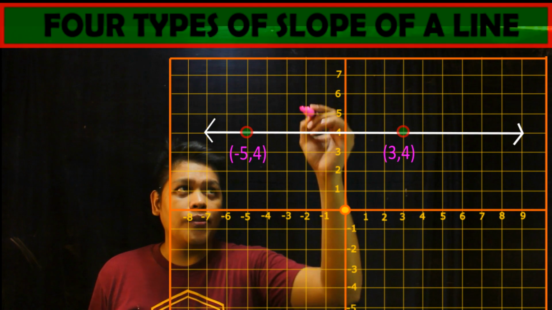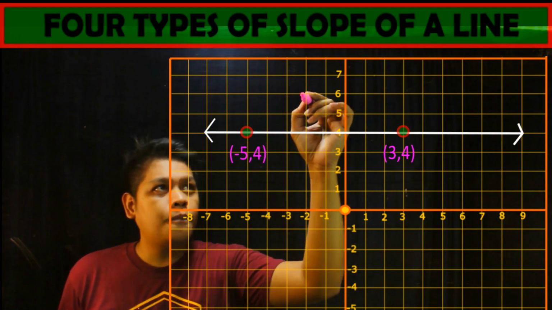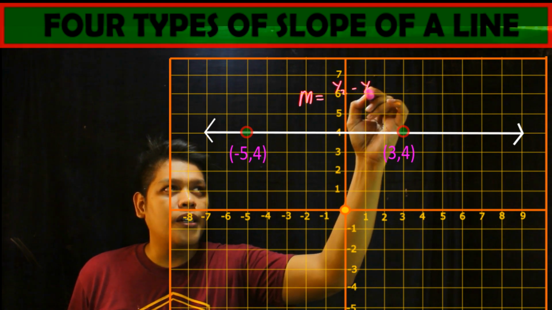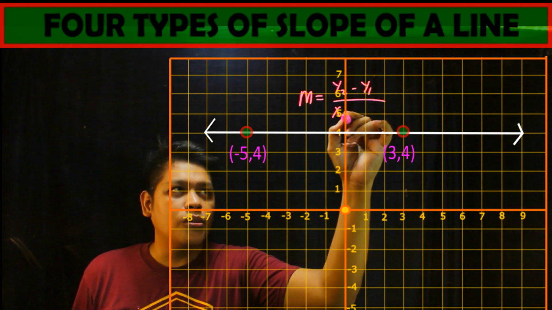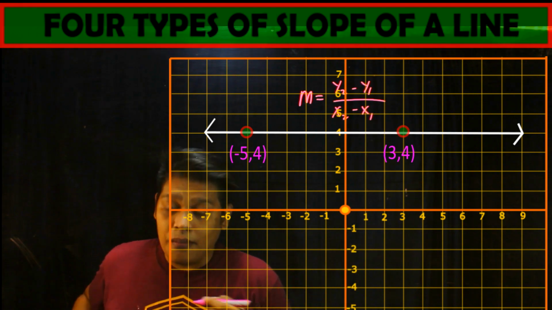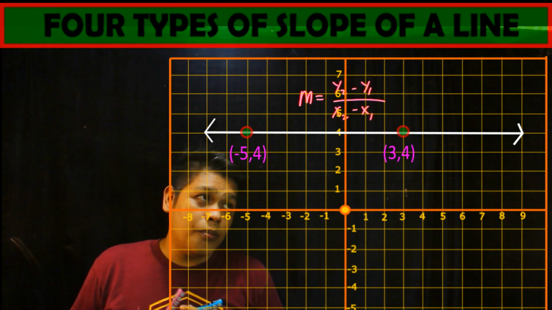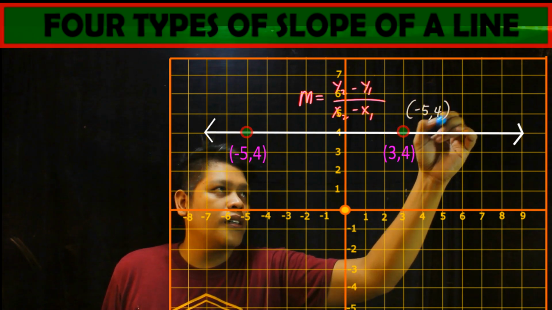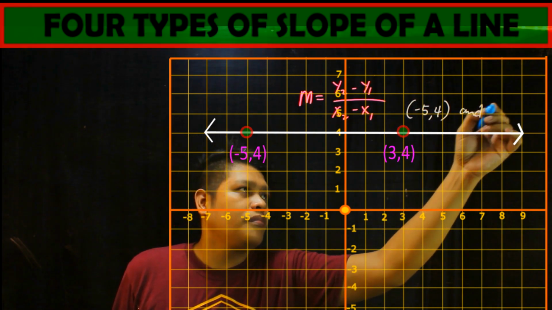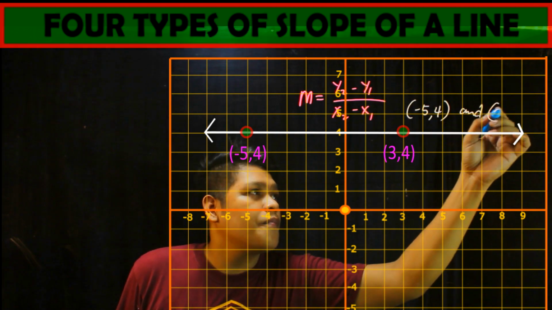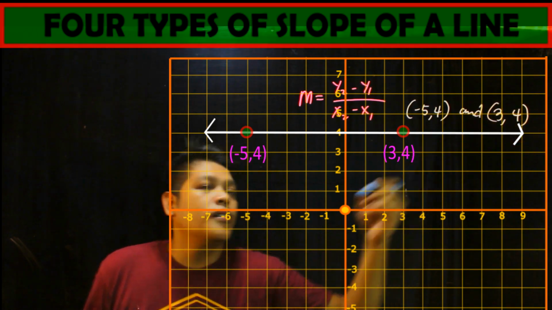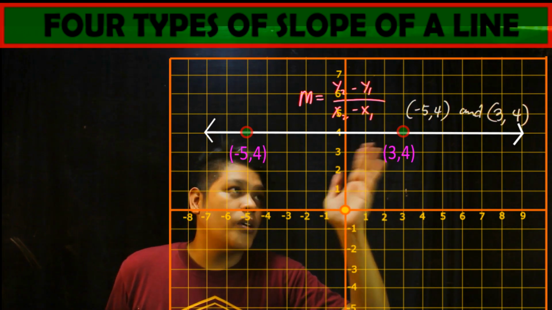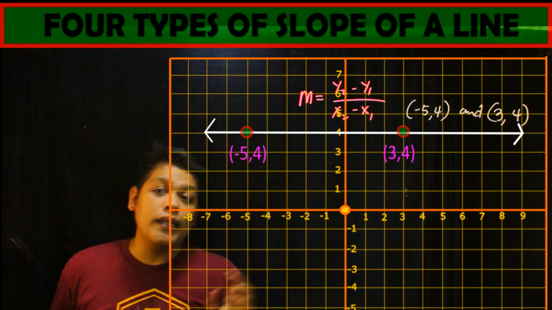Formula for slope: m equals y sub 2 minus y sub 1 over x sub 2 minus x sub 1. The points are negative 5, 4, and 3, 4. So ipapalaglag natin sa formula, x sub 1, y sub 1, x sub 2, y sub 2.